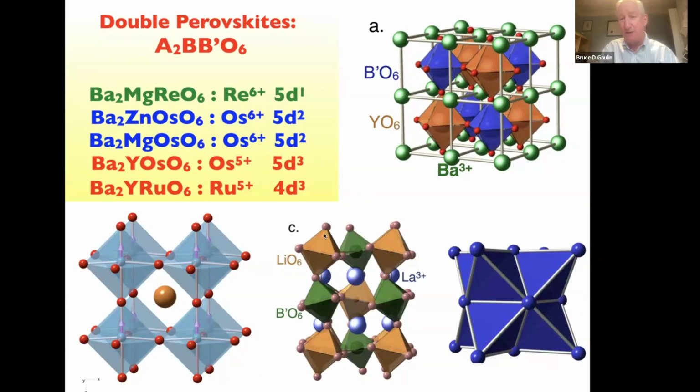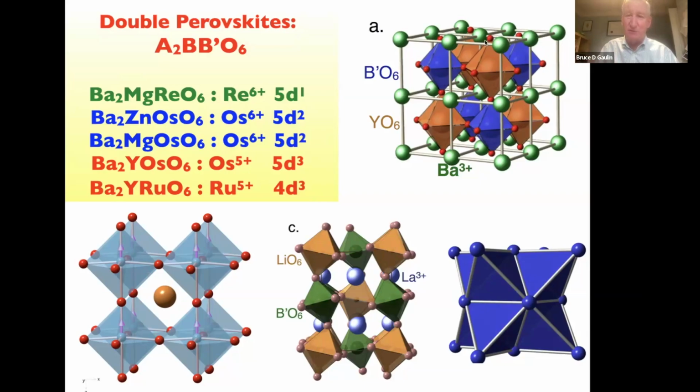What is much more common in nature is something with symmetry lower than cubic: tetragonal, monoclinic, and such. And so then the octahedra are tilted, as you see in the middle panel here. But our selection criteria to decide which double perovskites to study was to aim for cubic double perovskites. So that's a small subset of all double perovskites.